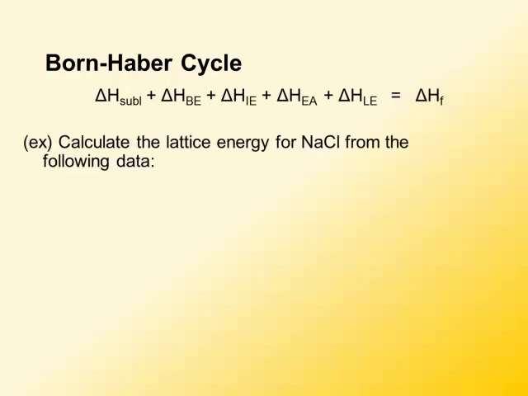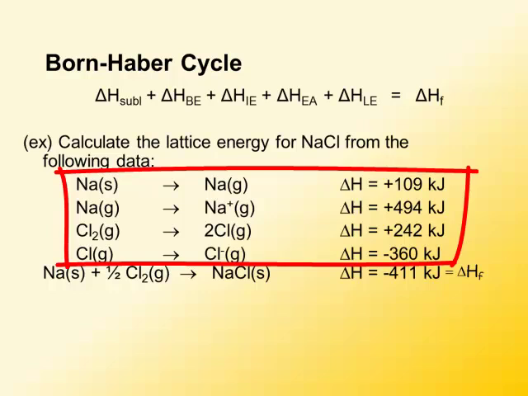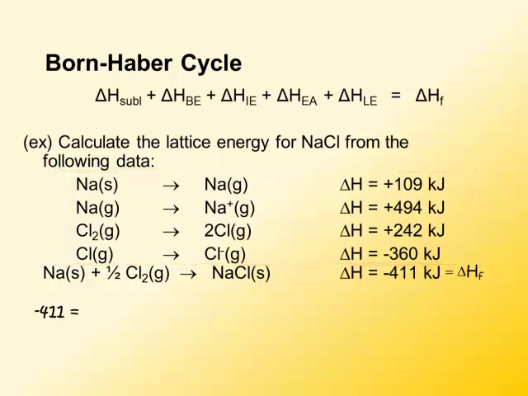Here's what a Born-Haber cycle question looks like. Calculate the lattice energy for NaCl from the following data. Of these reactions and values given, which of these is the heat of formation for NaCl? The last one. So all these other numbers plus the unknown lattice energy should add up to negative 411 kilojoules.